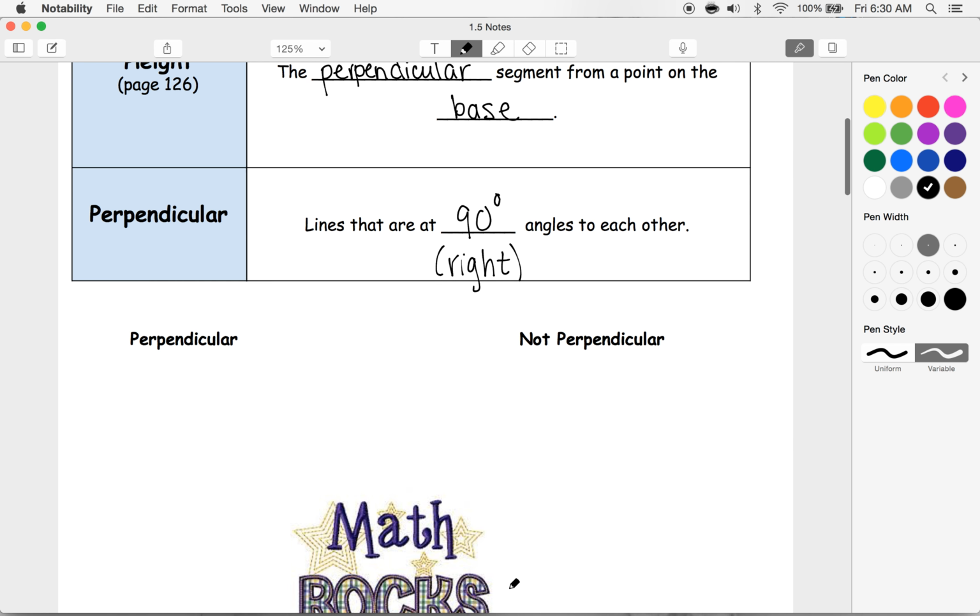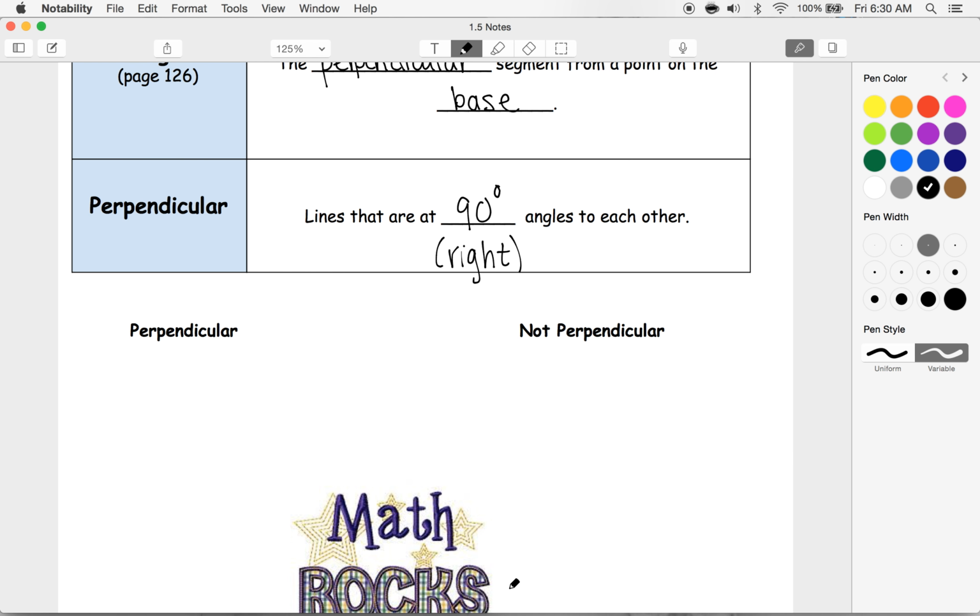And if we scroll down, let's draw a picture of what perpendicular means. So if I have a straight line, and I draw a straight line right from it that goes all the way up to the ceiling, that creates a 90 degree.